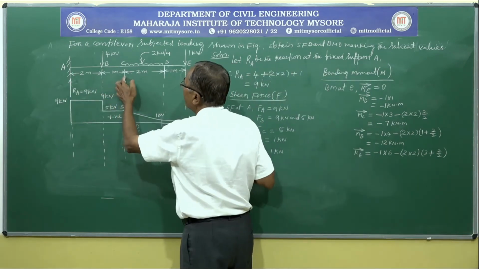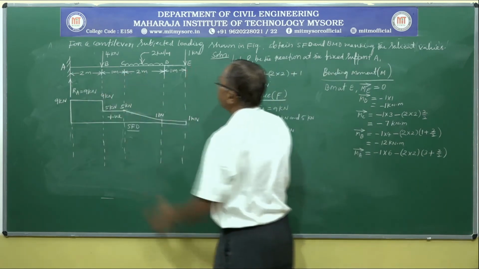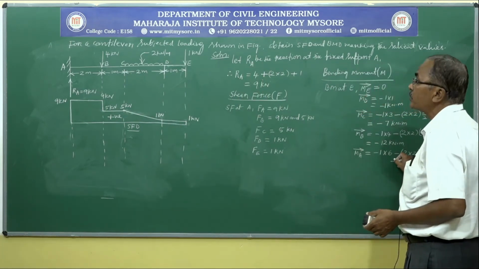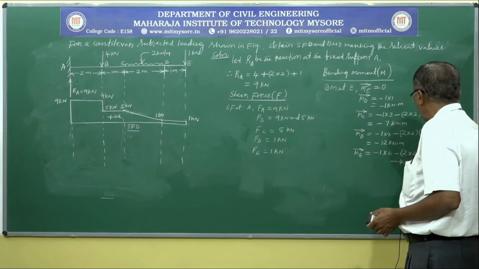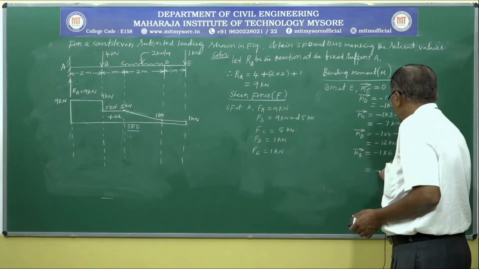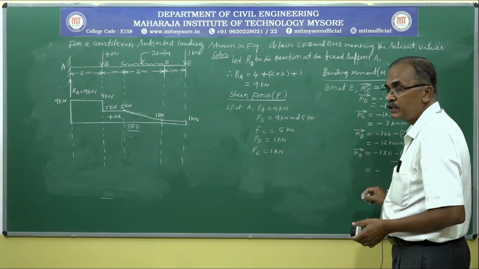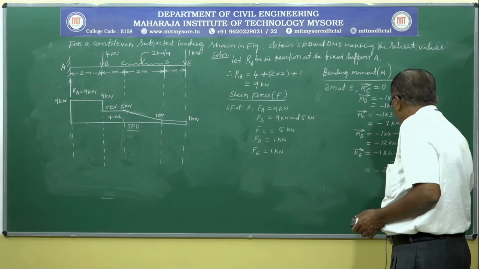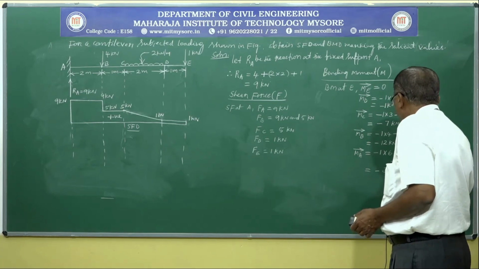From here to here it is 3 meter, plus 2 by 2 means center. Minus 4 into 2, that is equal to minus 30 kilonewton meter.